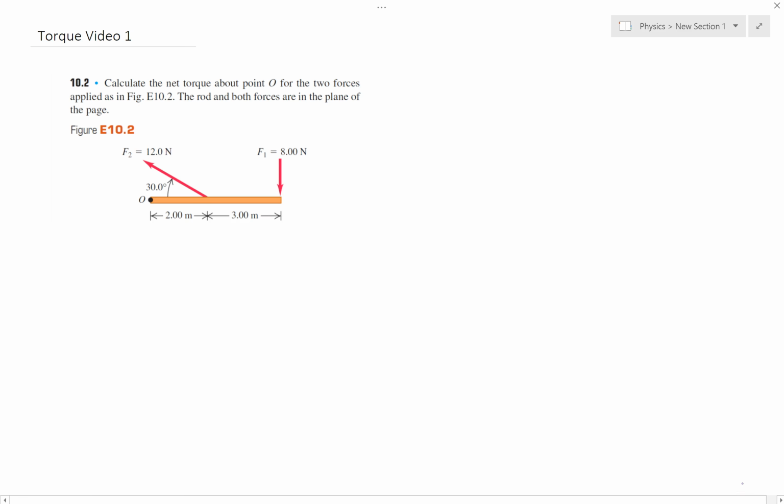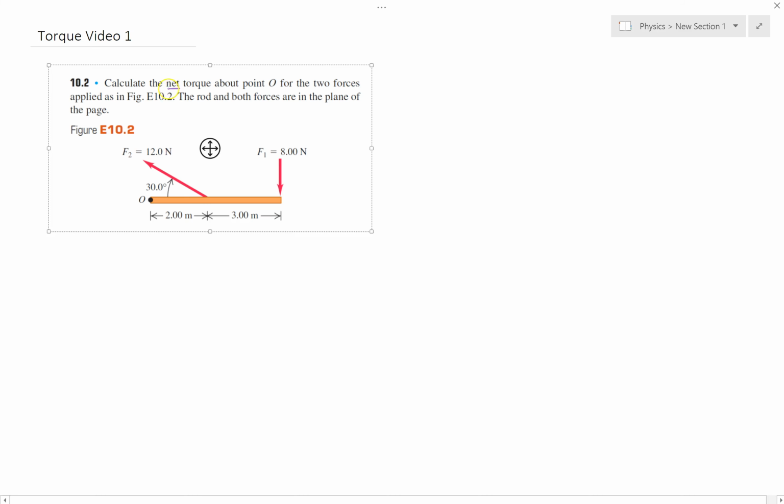All right, so here is our last example problem for now. It says to calculate the net torque about the point O for the two forces applied in the figure. The rod and both forces are in the plane of the page. That part doesn't really matter. It's just telling us that they're all in line. That's okay with us. A couple important things to notice.